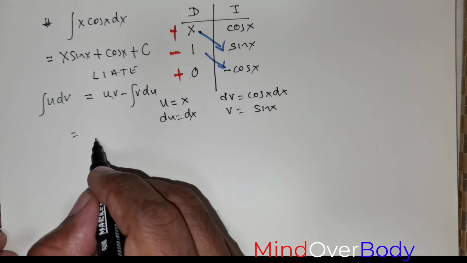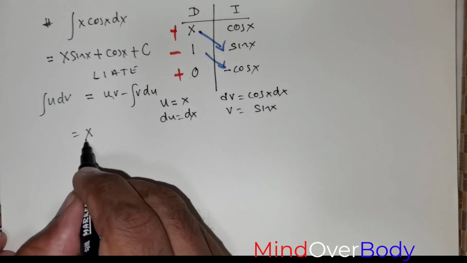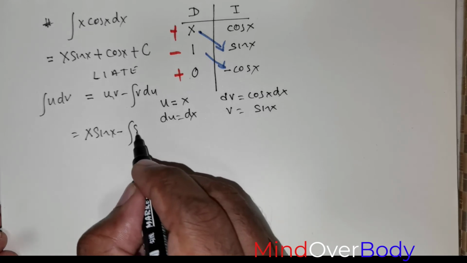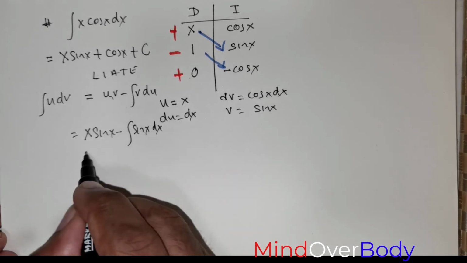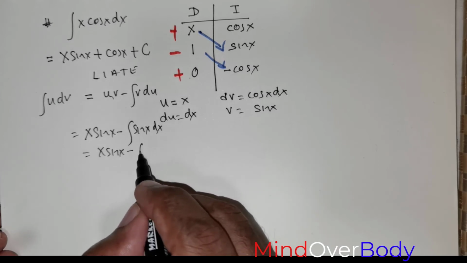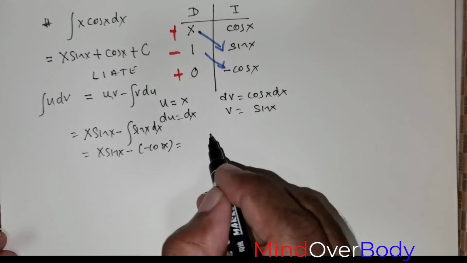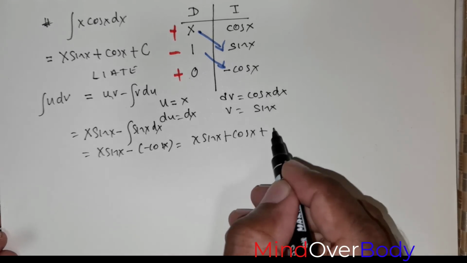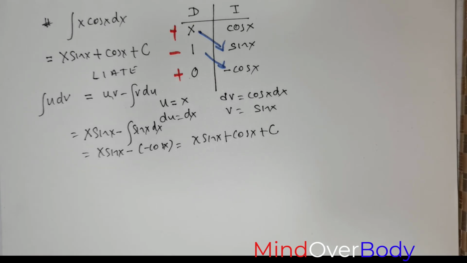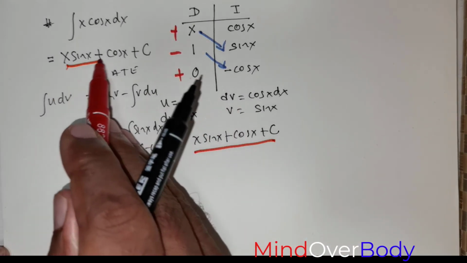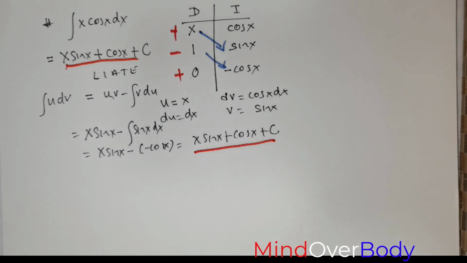Applying this in the formula would give me x times sin x negative integral sin x dx. So this is going to be x times sin x. Integral of sin x is going to be negative cos x. This is equal to x times sin x positive cos x, plus arbitrary constant. So clearly you can see this is exactly what we have achieved with this DI technique.